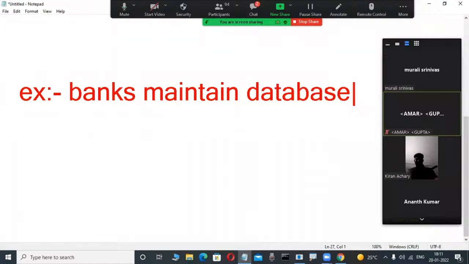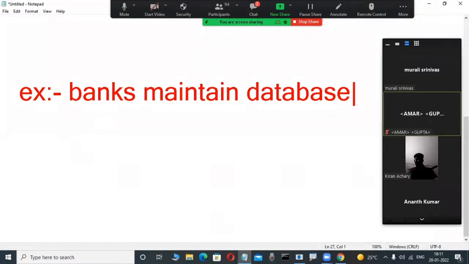Suppose account holders deposit some amount. You are also depositing some amount. Your details, your name, address, phone number, your balance, your account number, these details are important to store permanently. Suppose customers withdraw some amount, those details they also want. Again, some people transfer money from one account to another, online or offline, and all those transaction details they want to store permanently.